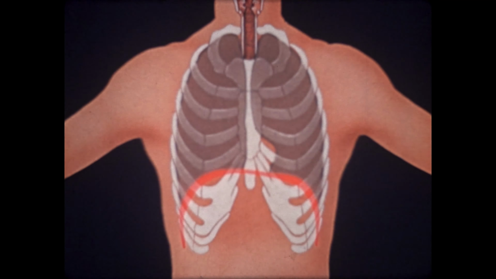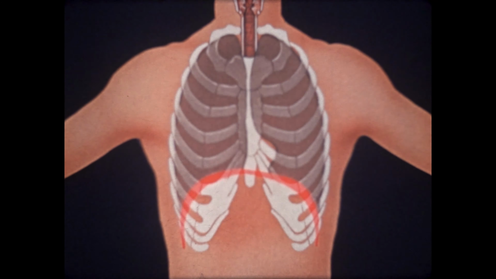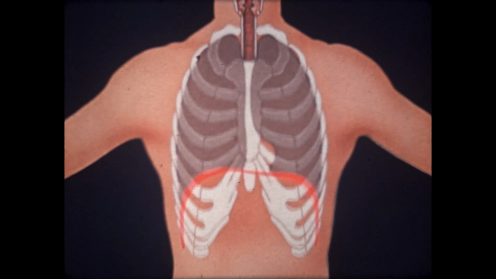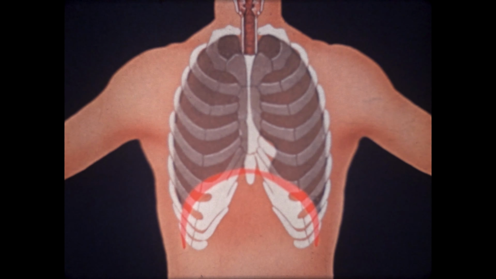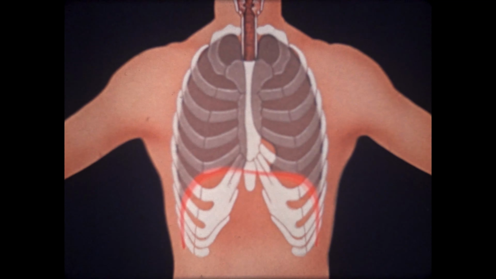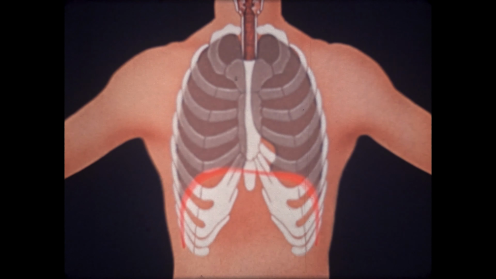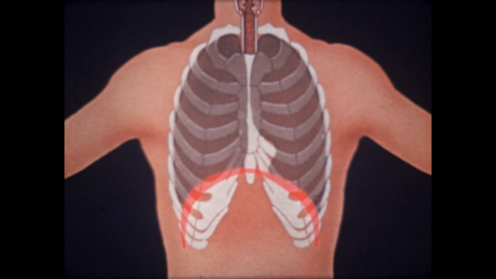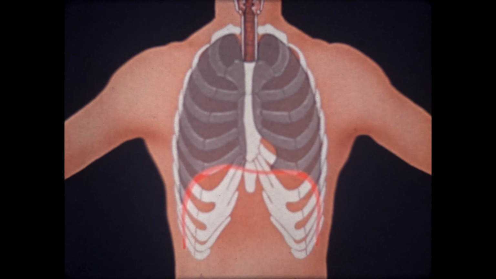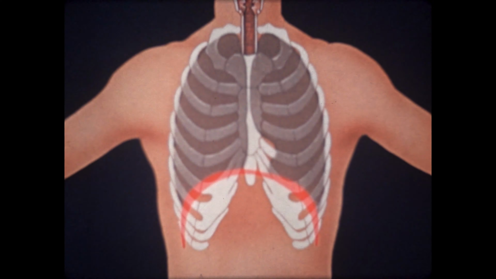Stoppage of breathing results in death unless artificial respiration is begun promptly and is continued until the victim revives. Artificial respiration seeks to restore normal breathing action by constant repetition of the breathing movements until the normal reflexes are reestablished.